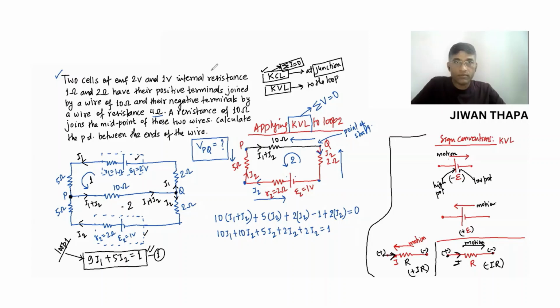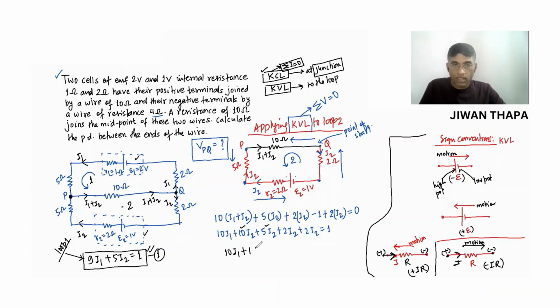Terms containing I1: 10 I1. Then 10 I2 plus 5 I2 is 15, and we have 2 I2, 17, 18, 19.